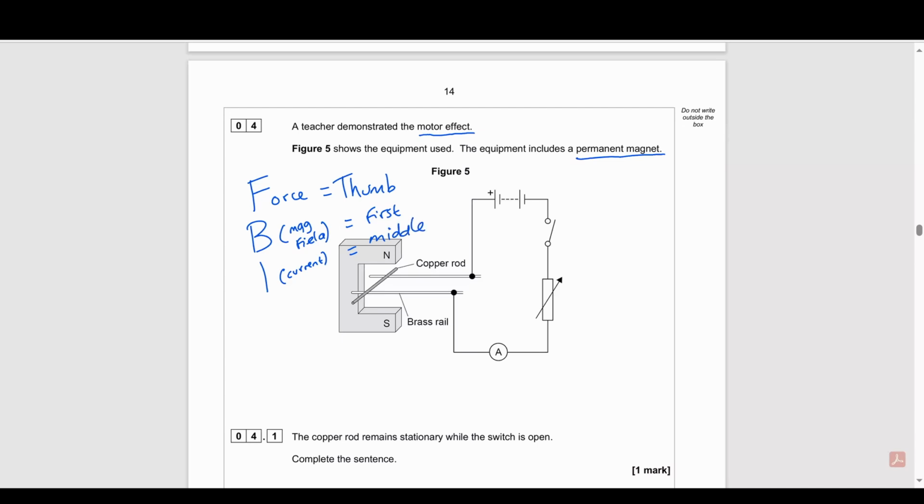So how does it work now? Remember that we're trying to figure out the direction of the force. So we should then know the magnetic field, and we should know the current, and then they're all going to be at right angles to each other, so you can figure it out from there. So the magnetic field, how does it work? Magnetic field is always from north to south. So knowing that information now, we would have to place our first finger downwards from north to south.